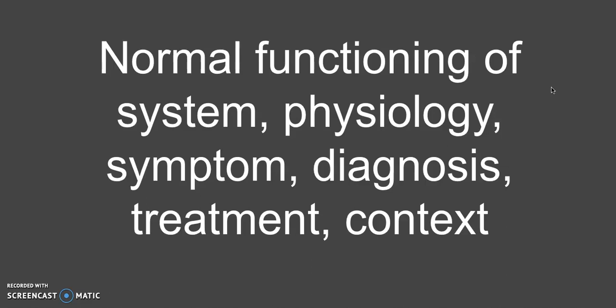So keeping the appropriate amount of sugar in the blood and taking the sugar out of the blood and making it available to use for tissues. We're also thinking about physiology. So what these different structures are and how they work.